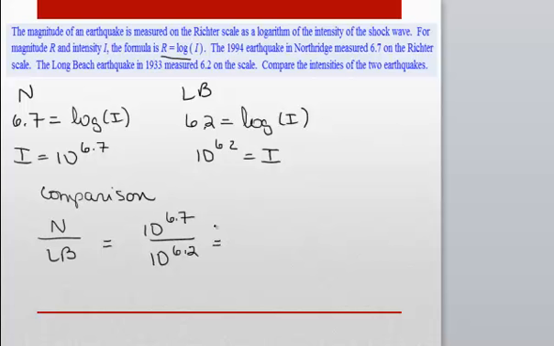That's going to be 3.16. Now what exactly does that mean? That means that the earthquake in Northridge was 3.16 times as intense as the earthquake in Long Beach.